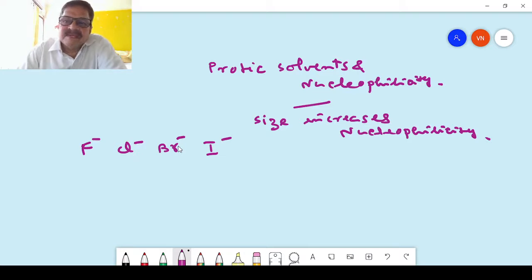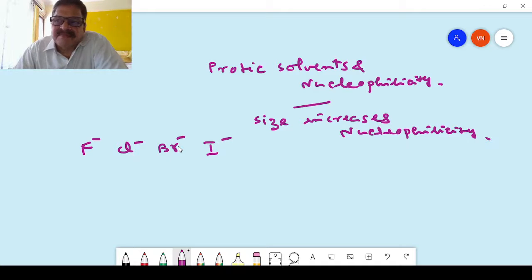Fluoride is well solvated by hydrogen bonding, effectively shielding it from the reaction. A large and less electronegative anion like iodide does not hold on to the solvent molecules very tightly. Correct?